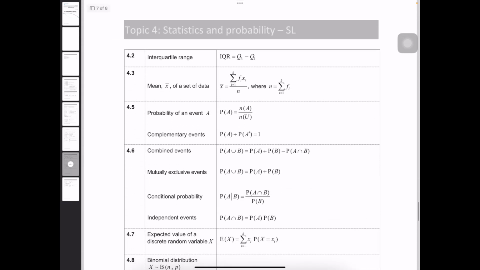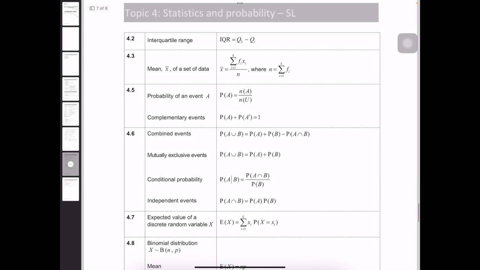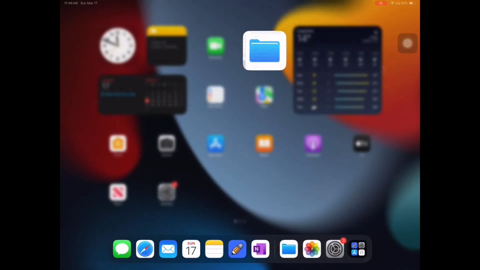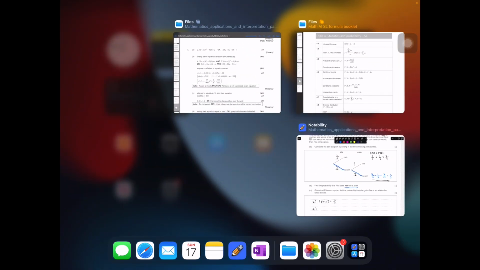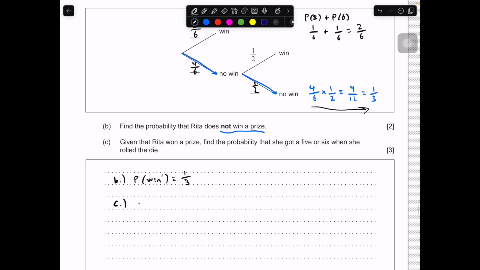Statistics and probability. We have conditional probability under 4.6, third one down. P(A given B) is equal to P(A and B) over P(B). And we'll talk about what that means. Alright, so here's our formula. P(A given B) is equal to P(A and B) over P(B).